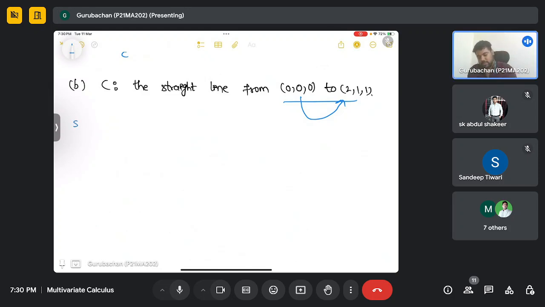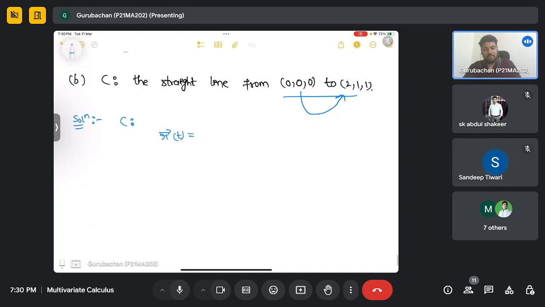So what will be the equation of the straight line here? Sir, 5. Sorry, 5. Again wrong. Will you please do the calculation in a good way?